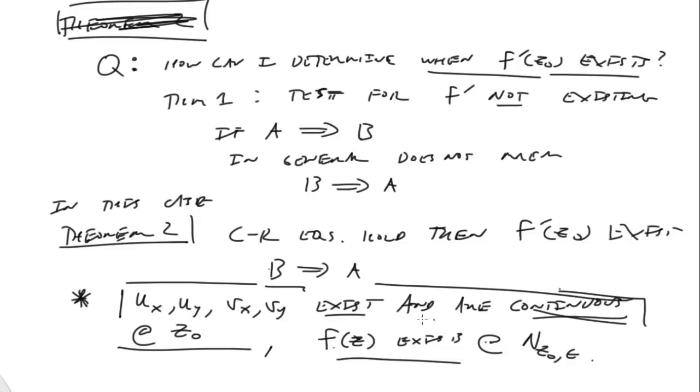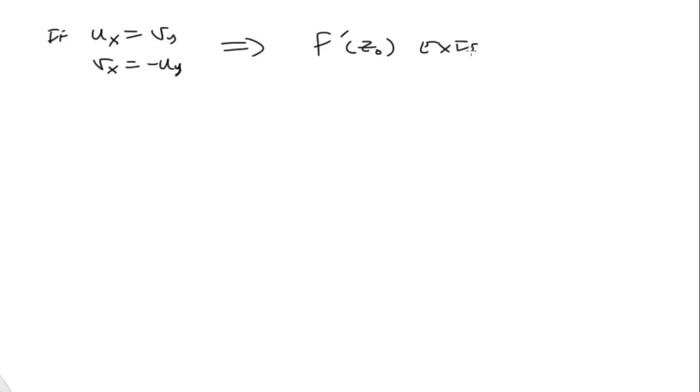So other than that, now we have a nice test. So I can say, provided the derivatives exist, if ux equals vy and vx equals negative uy, then f prime at z naught exists, and we actually have a constructive way to compute it.